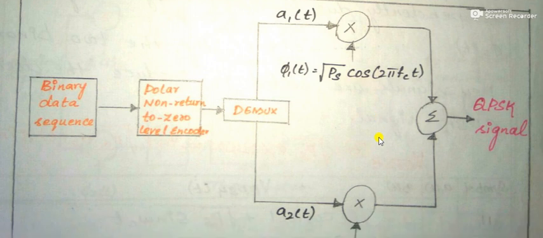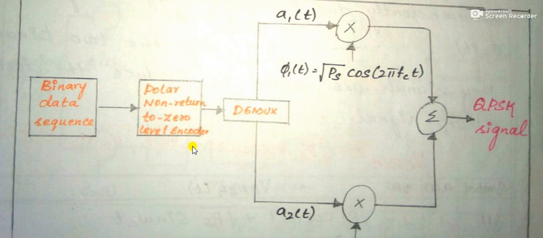QPSK transmitter. An input binary data sequence is first transformed into polar form by a non-return to zero level encoder, and thus symbols 1 and 0 are represented by plus 1 volt and minus 1 volt respectively.